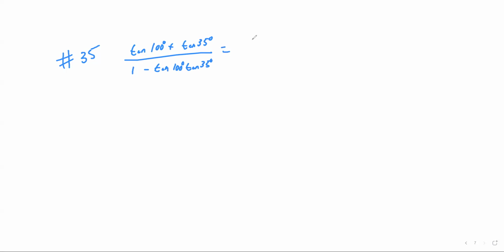All right, so again, we're now going to look at the tangent identities. I see a tan plus tan with a 1 minus tan tan. That would be the same thing as tan of x plus y. So this means 100 plus 35. So this is: what is tan of 135?